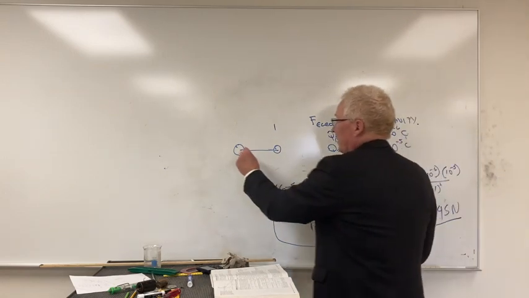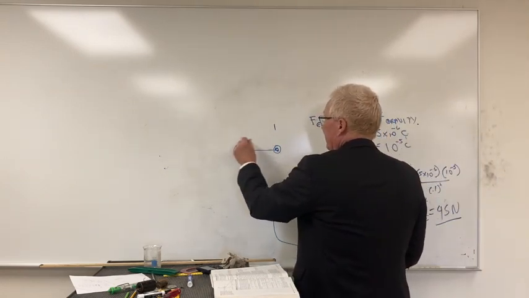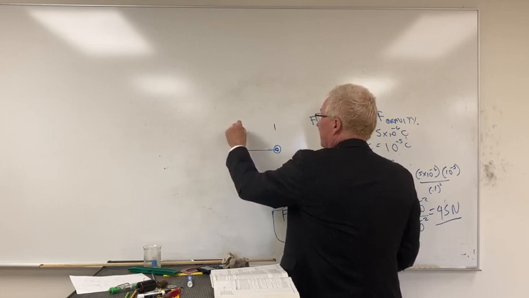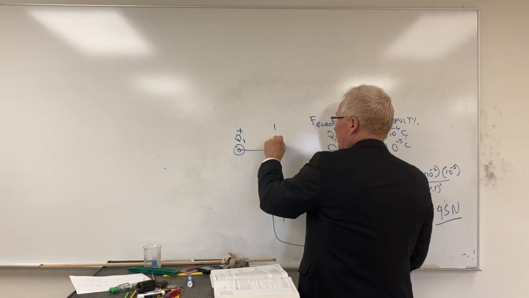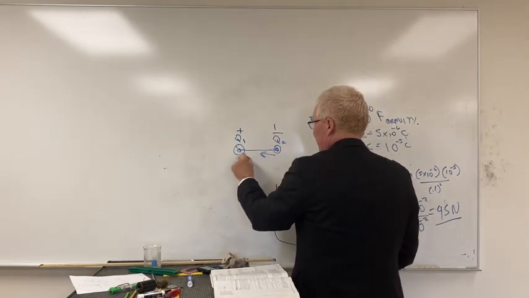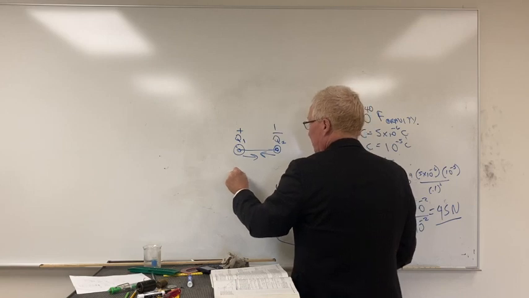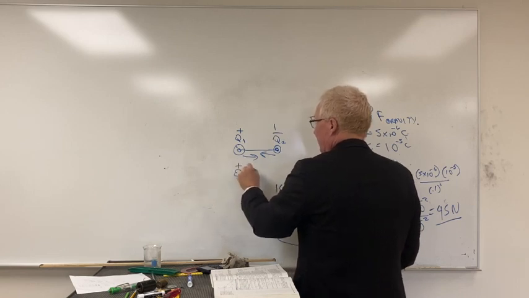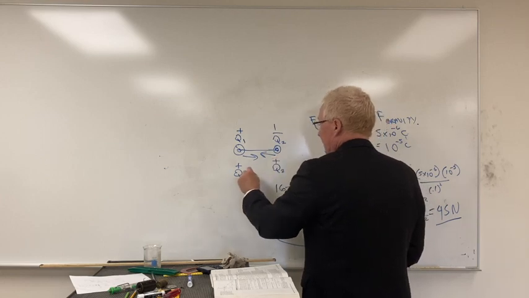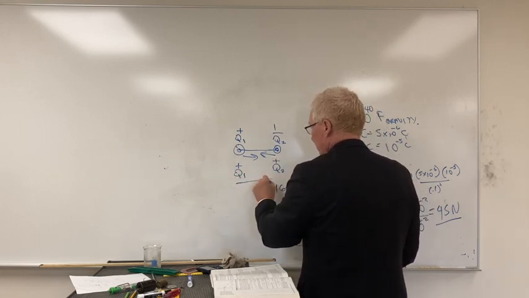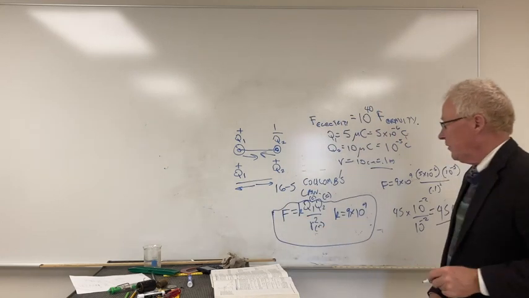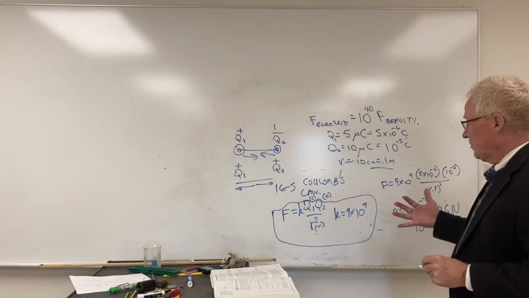So what we have here is, if Q1 is positive and Q2 is negative, the force will be attractive. If Q1 is positive and Q2 is positive, then the force will be repulsion, right? So you've got to take that into account, what the force is going to be.